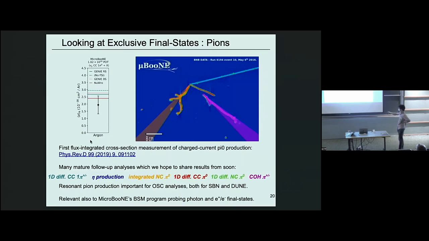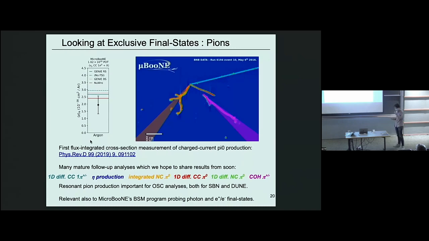I think what's most exciting here is looking forward to the various measurements that we're working on, including first differential measurements in the pion kinematics for both charged-current and neutral-current pi0s, charged pion production, and more rare and exotic interactions such as eta production and coherent pion production.